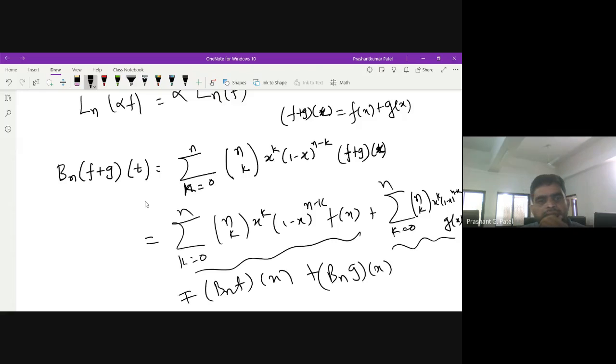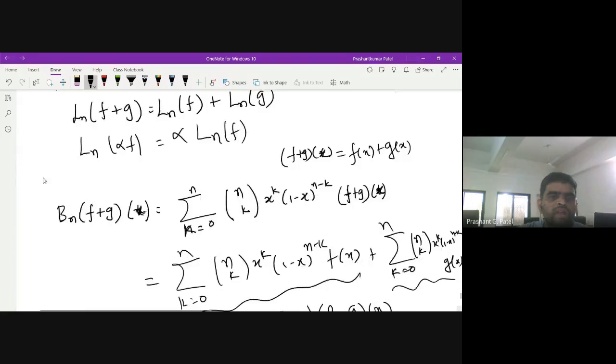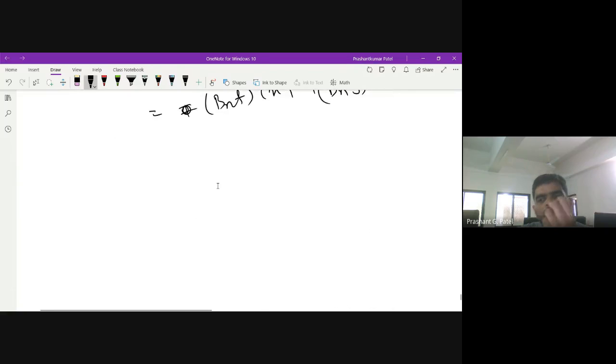Here it is x, not t. So this is equal to this. That means the addition is preserved, and in the same way one can prove that the scalar multiplication is also preserved. So ultimately what we have proved is that Bn is a linear operator on C[0,1] to C[0,1].